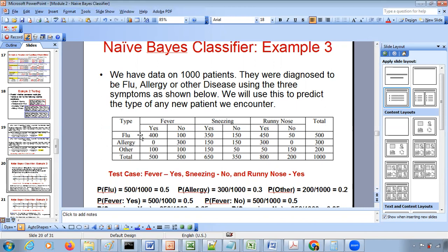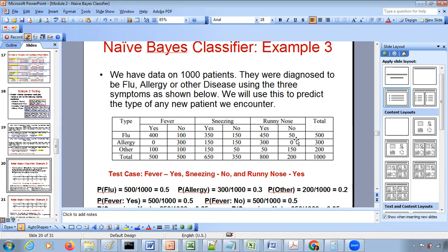Now for each of these symptoms, which are the features, we are also given the number of people who recorded a yes or a no for the particular disease. Out of the 500 that had flu, 400 recorded yes for fever, 100 recorded no for fever. That's how to interpret this table.